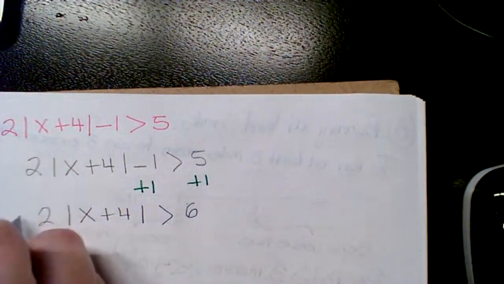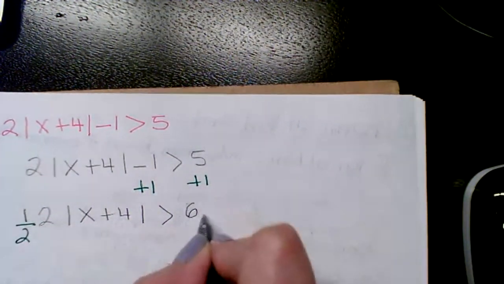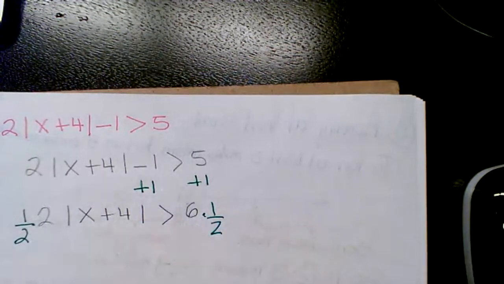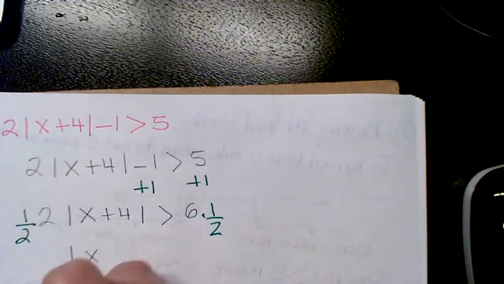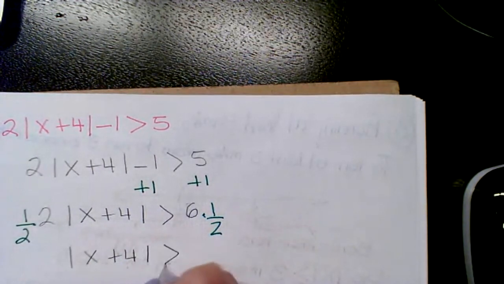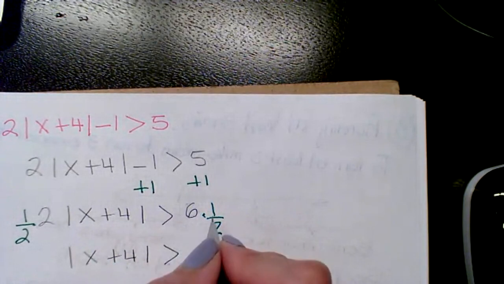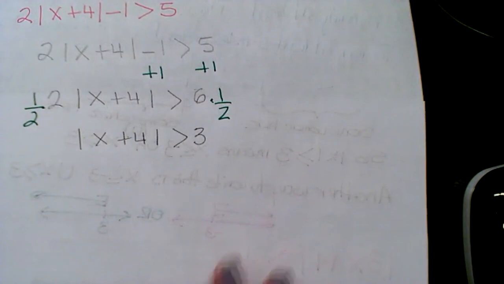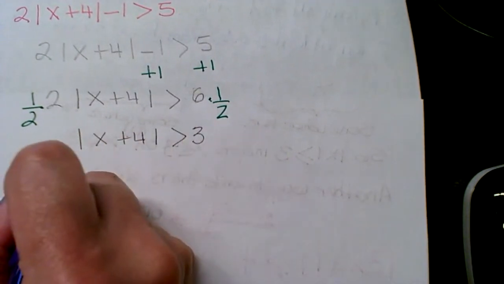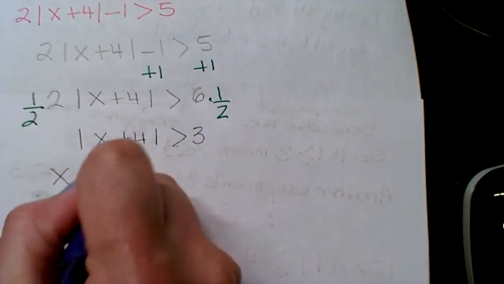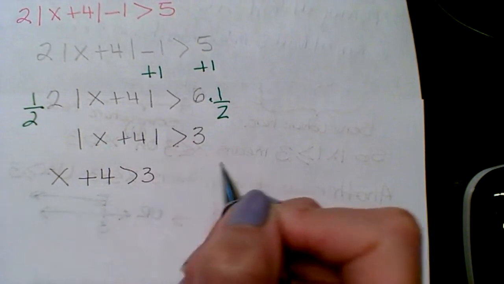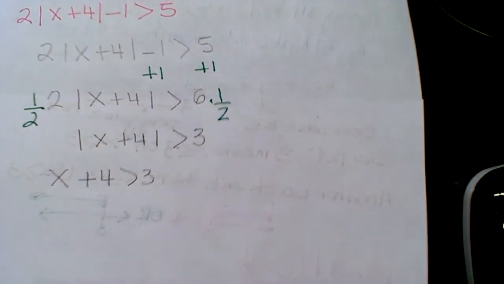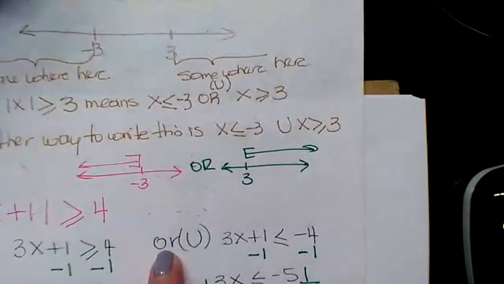It's going to be 6. Let's multiply by the reciprocal. We're making a 1. So this is going to be plus 4. 6 divided by 2, that's 3. There we go. Now, greater than, so we have x plus 4 greater than 3. Because we know it's greater than, it's going to be OR.